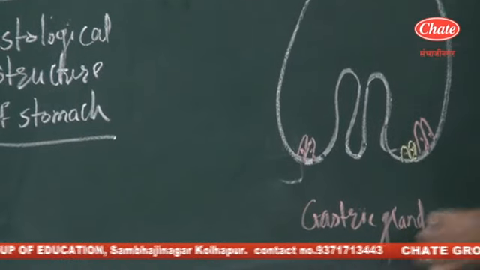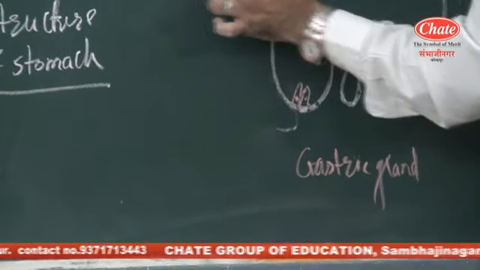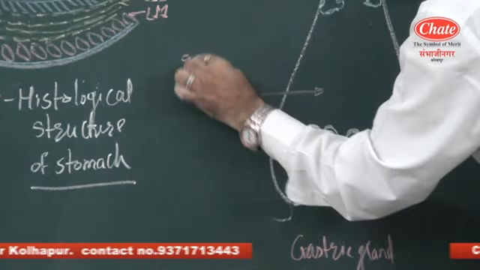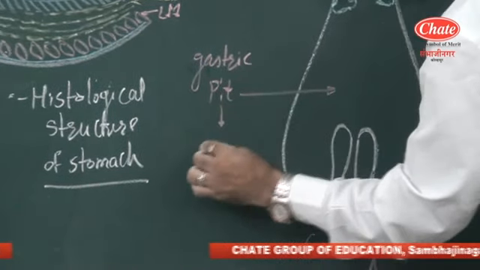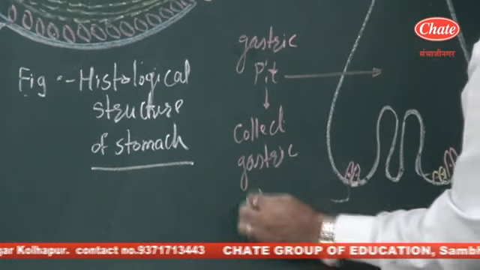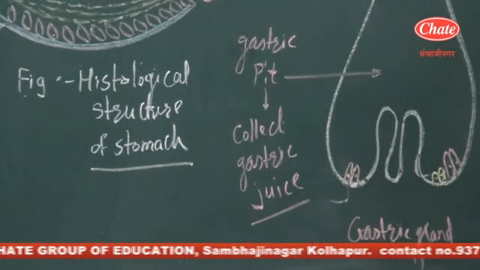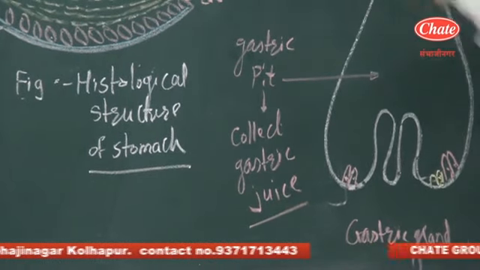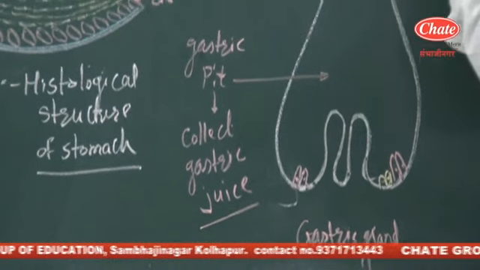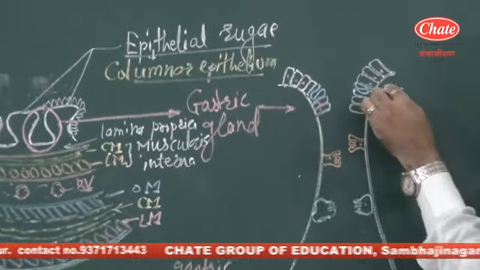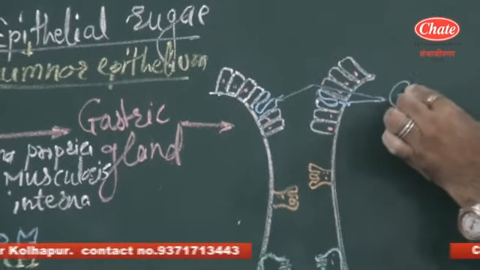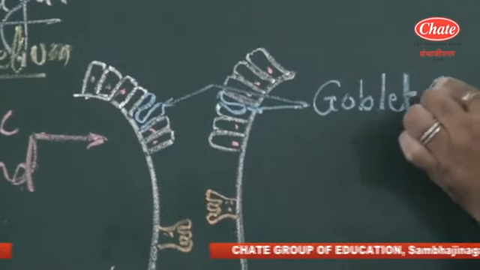This gastric gland consists of a central lumen. It is termed the gastric pit, which collects the gastric juice. When you focus on this gastric gland, it consists of different cells.